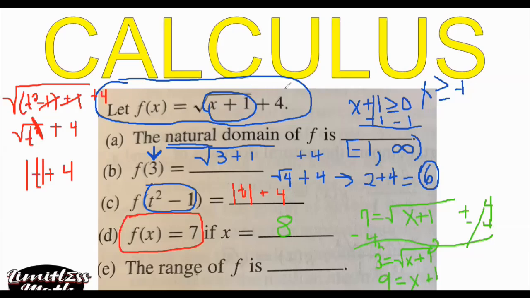What happens when we substitute -1 in? We get -1 plus 1, which is 0, and the square root of 0 is just 0, plus 4 is 4. That's our minimum y value. So y has to be greater than or equal to 4, or we can write it as 4 to positive infinity.